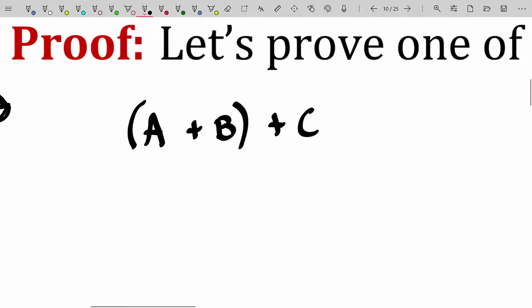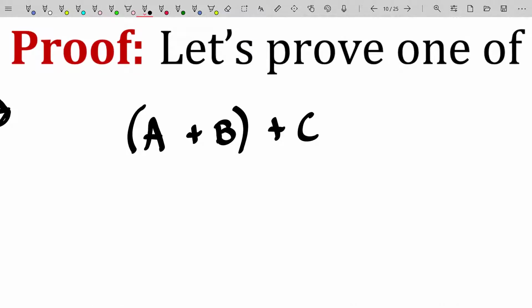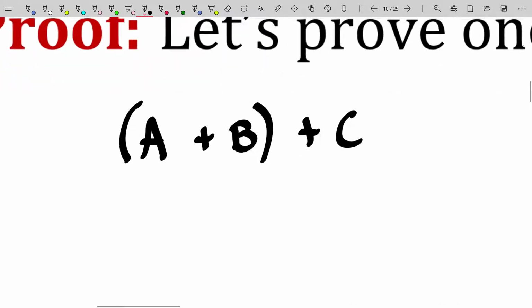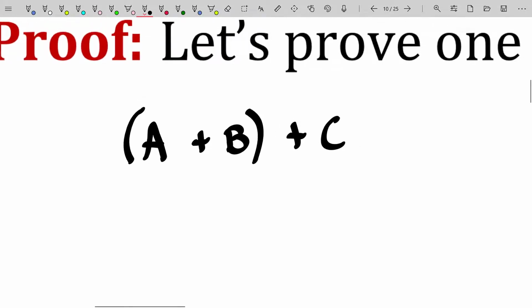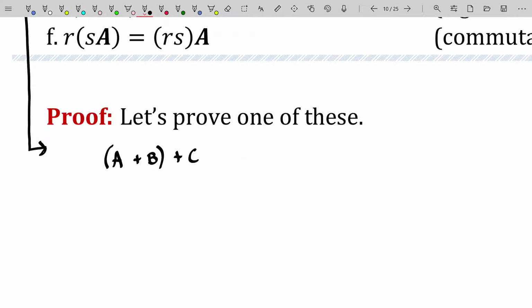Now, what's going to be slightly different about this proof versus most proofs up to this point is that I need to step a little bit outside of this structure right here. That is, instead of working with A plus B in quantities plus C, I'll consider the ijth element of A, the ijth element of B, and the ijth element of C. So let's start here.